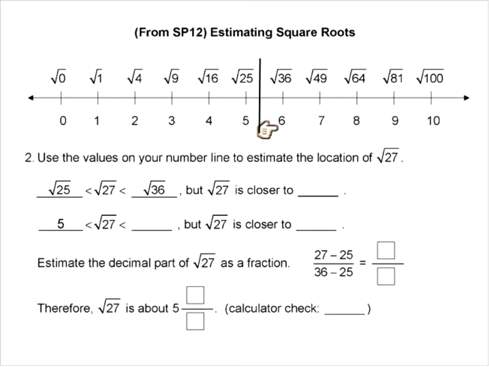So the answer for the square root of 27 is going to be something less than 5.5. Do you agree or disagree? Show by happy or sad face.